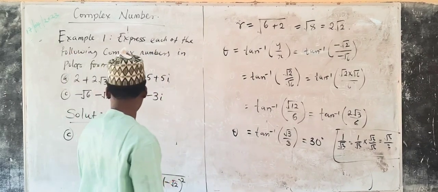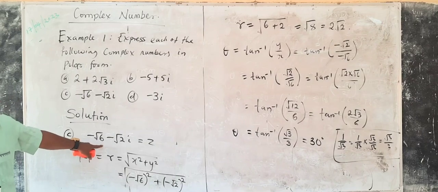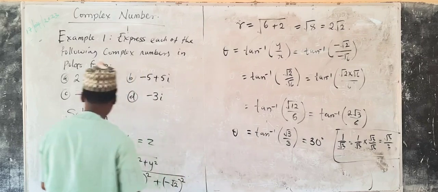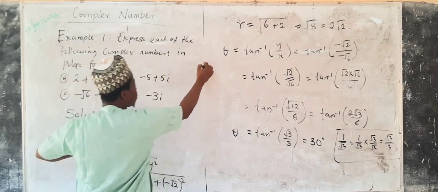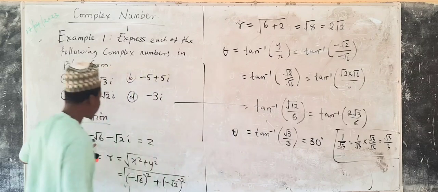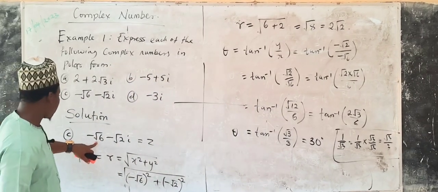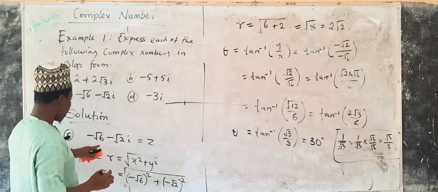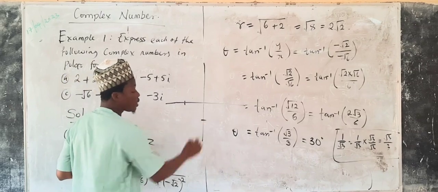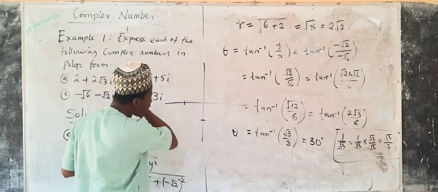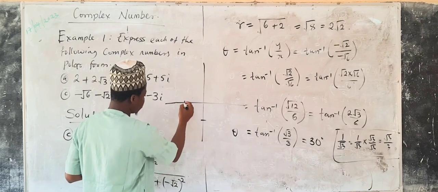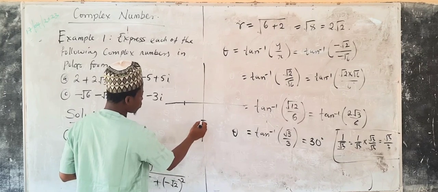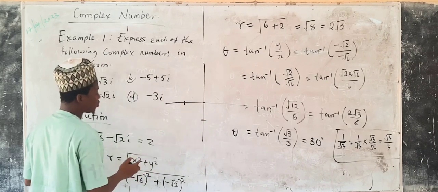Now, representing this complex number in the plane, we have this. Look at it. This is minus root 6, which is your x, right? And this is minus root 2, which is your y. This is the origin, right?